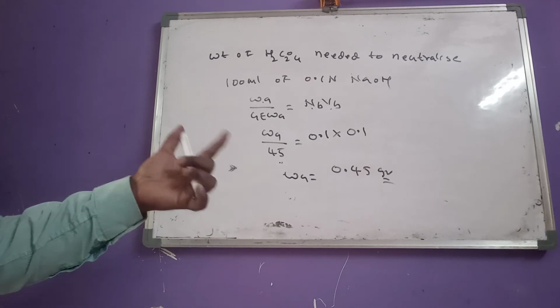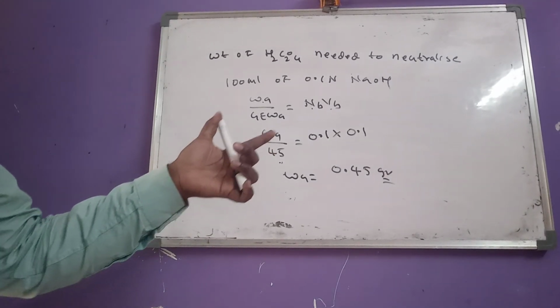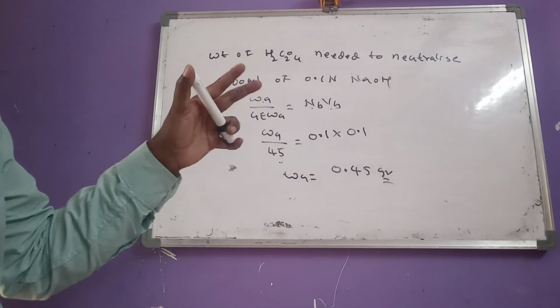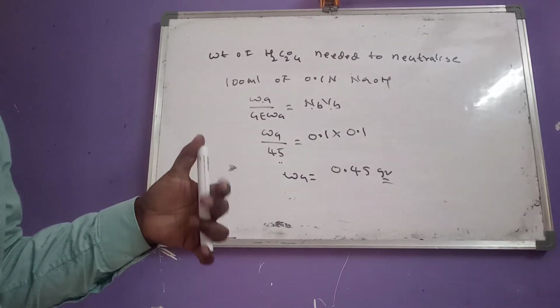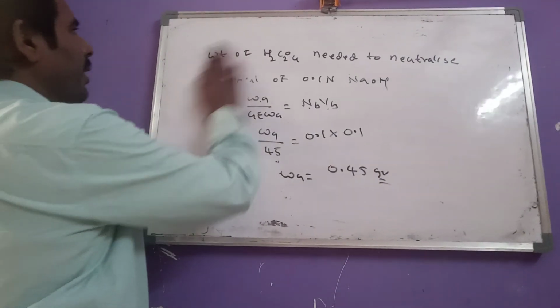Now the same we need to use for KMnO4 and oxalic acid, such types of redox reactions. See here, I give one question.